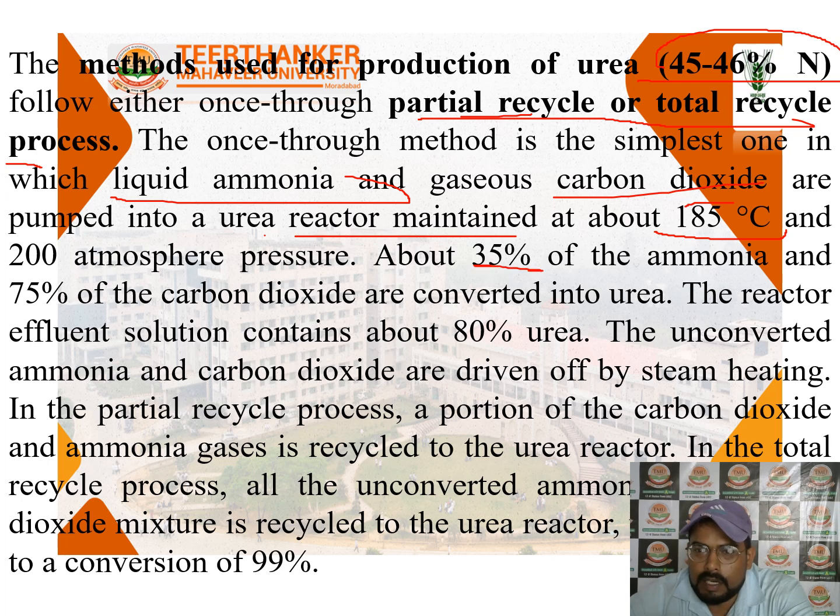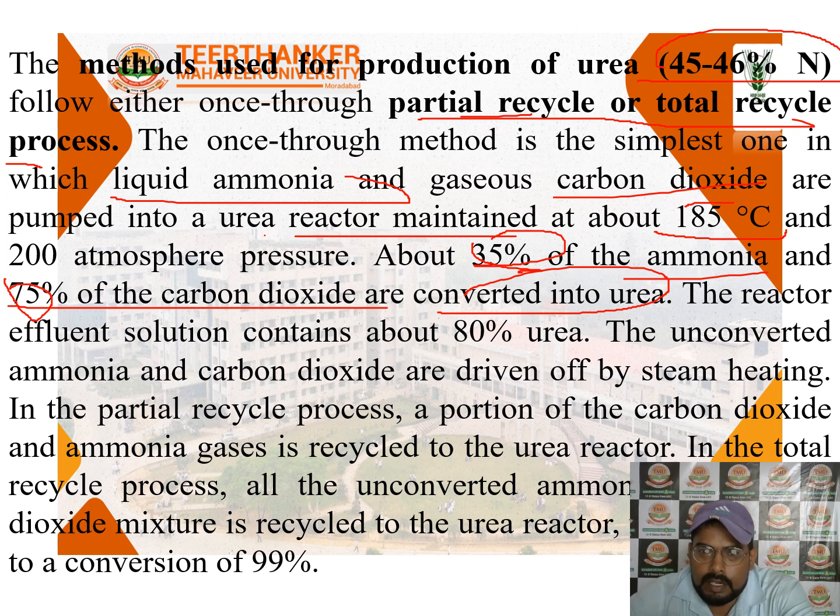About 35% of the ammonia and 75% of the CO2 are converted into urea.